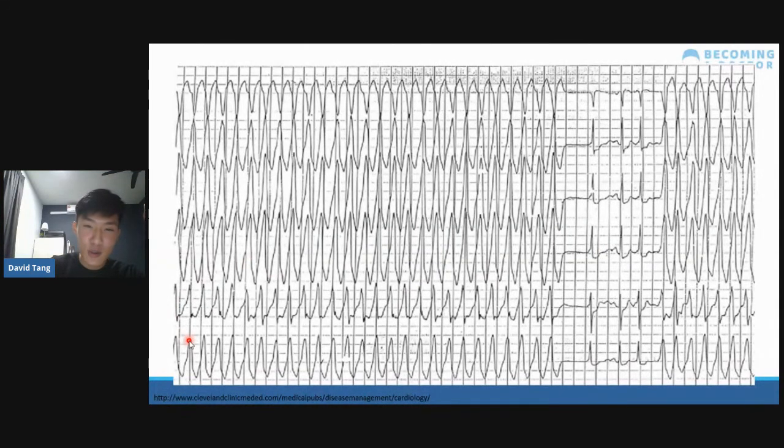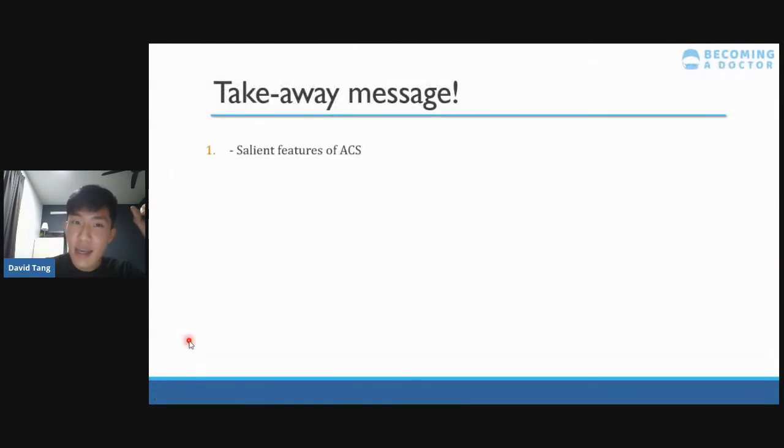Right, so cool. So this is what we have for all our ECGs. And the takeaway messages from our session are that we need to know the salient features of acute coronary syndromes, and the use of troponin in detecting and also prognosticating acute coronary syndromes.